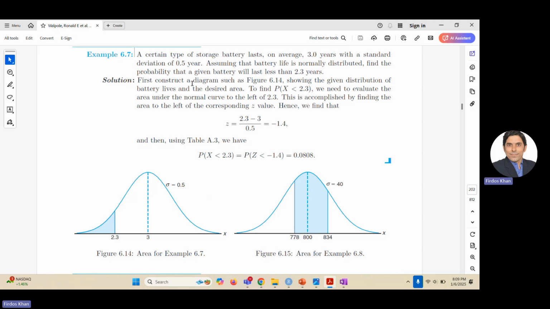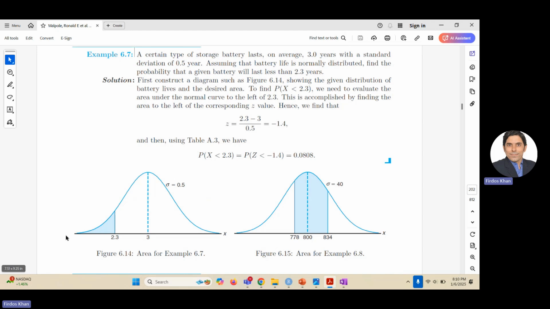First, construct a diagram such as figure 6.14, like this. This shows the area under the normal curve to the left of 2.3. Because the question is the given battery will last less than 2.3 years, we need to calculate the probability of x less than 2.3.